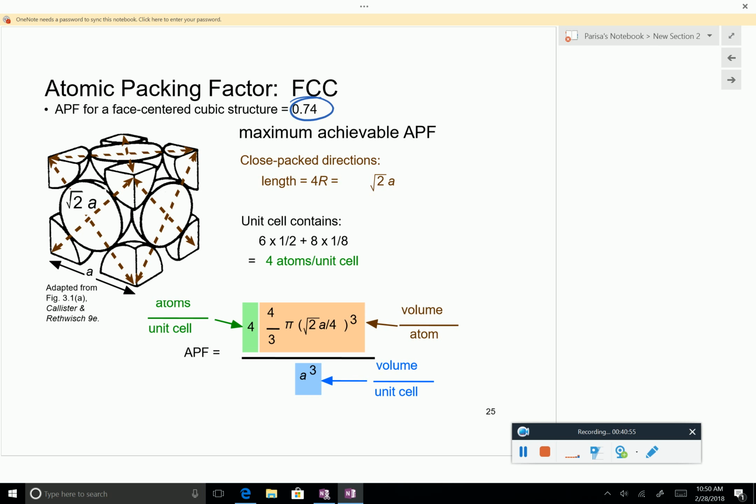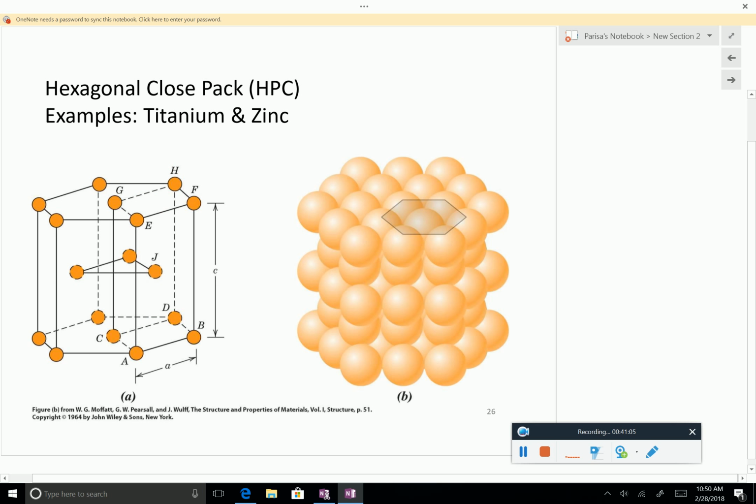And the last one is hexagonal, which we are not going to spend too much time on. For example, zinc and titanium have a different microstructure. It's hexagonal close pack, HCP.